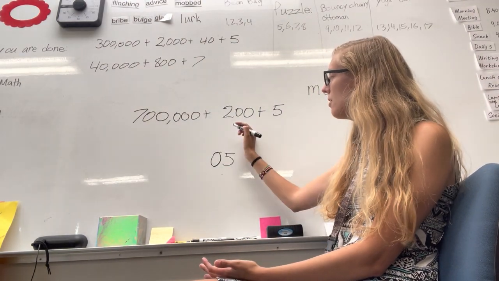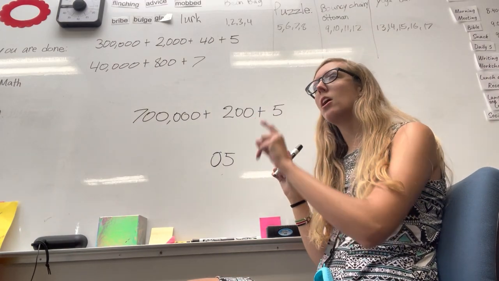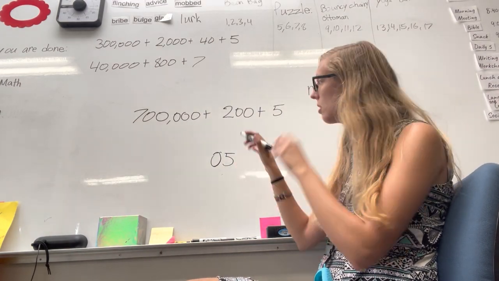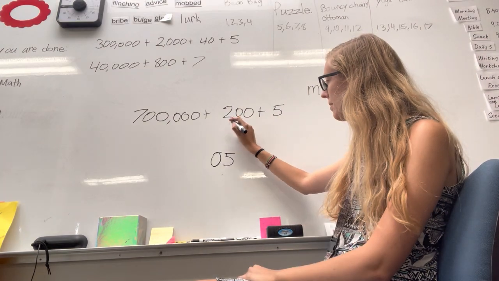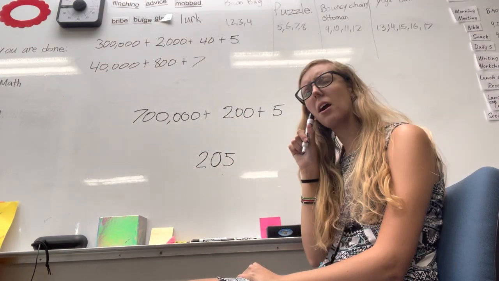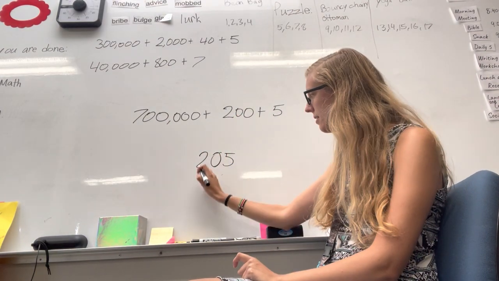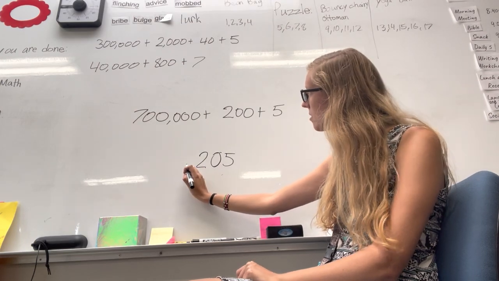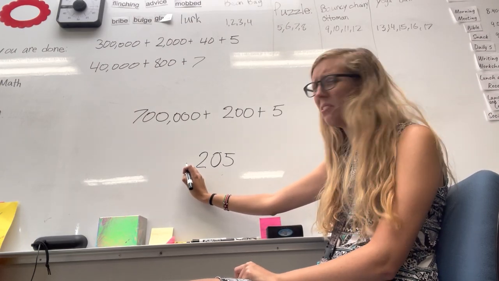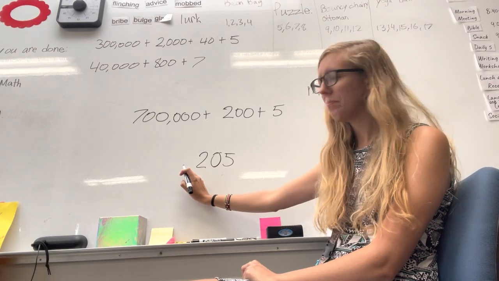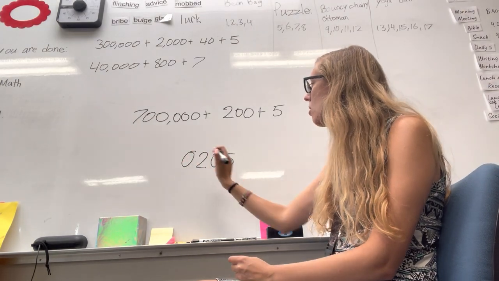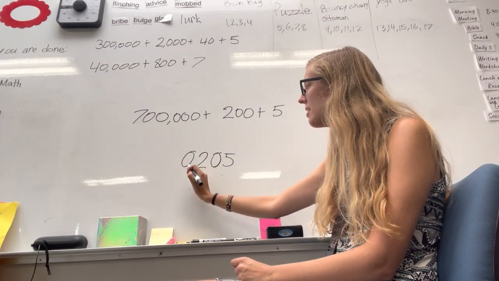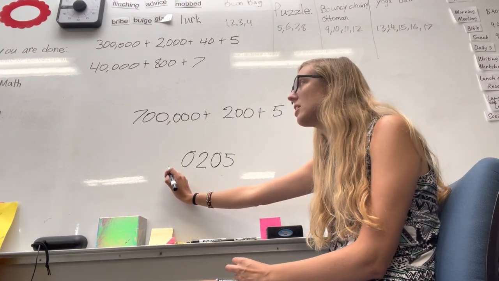Now I'm moving to my hundreds place. I'm singing it in my head. Ones, tens, hundreds, okay? My hundreds place, and there's a 2 there. Now let's see what comes next. Ones, tens, hundreds, thousands. All right, well, I don't see any number in the thousands, so I have to put a 0. Ones, tens, hundreds, thousands, 10,000s.